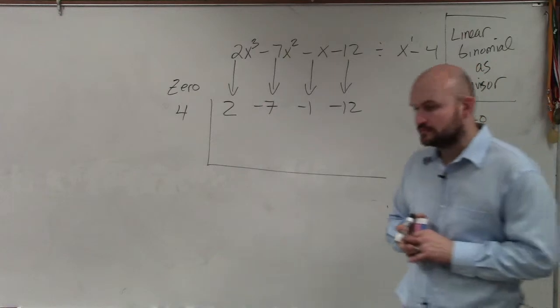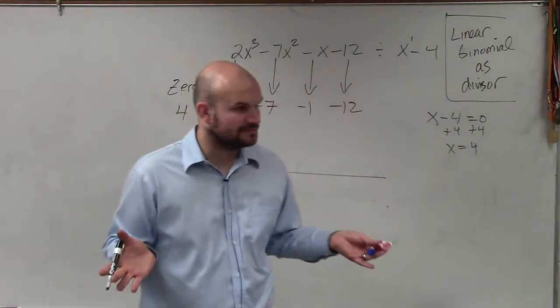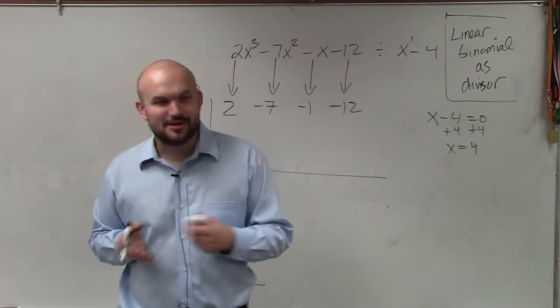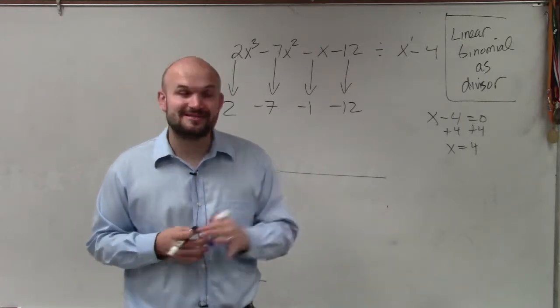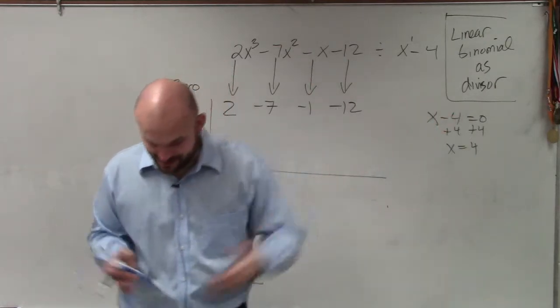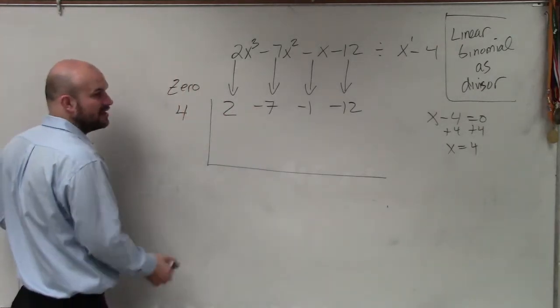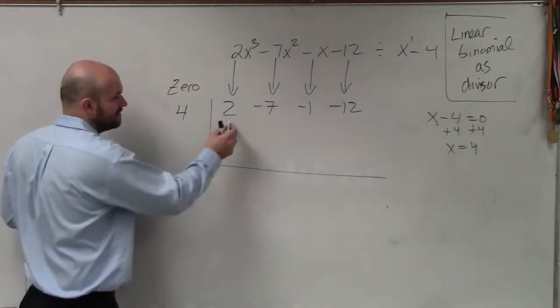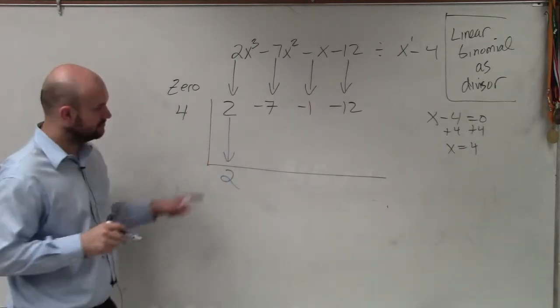You guys ever seen Price is Right? Yeah. OK. So this is like a game on Price is Right. Sometimes on games on Price is Right, they give you a freebie, like, hey, we'll give you this one free answer, right? So when you're doing synthetic division, your first answer is kind of a freebie. You just bring it down.